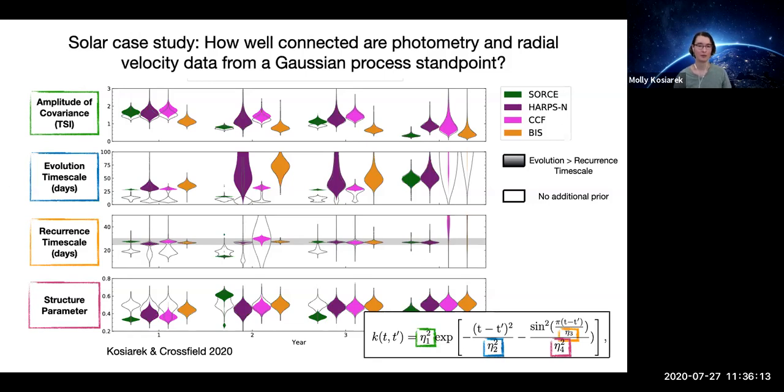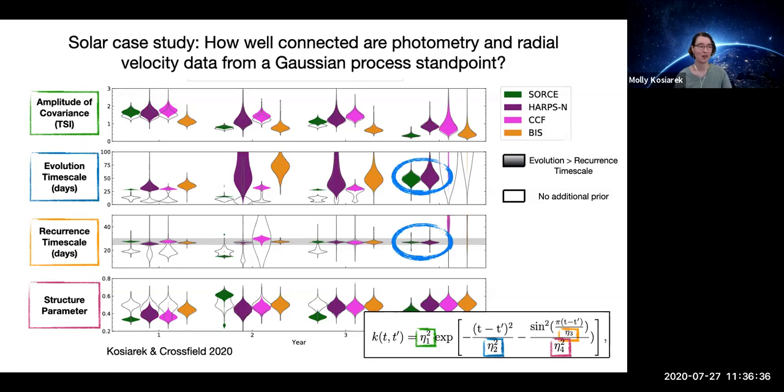So we're going to spend a little while on this plot, but there are 2 interesting comparisons from the initial fit without the additional prior. So only look at the outlines for now. First, the SORCE photometry and the HARPS-North RVs have consistent posteriors that match the solar rotation period, that gray band, only in year 4, so only in that year.